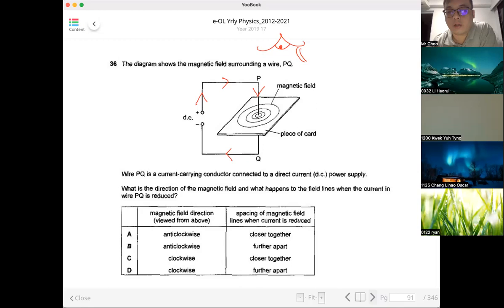Ryan, your new answer is correct. Ray, your answer is correct. So from the top, we do the right hand rule. Your magnetic field will be in a clockwise direction. Are you clear? So the answer is either C or D. Now, what happens when you reduce the current? When you reduce the current, the magnetic field will also reduce. So when you reduce it, what happens to the spacing? Does it come together or is it further apart?